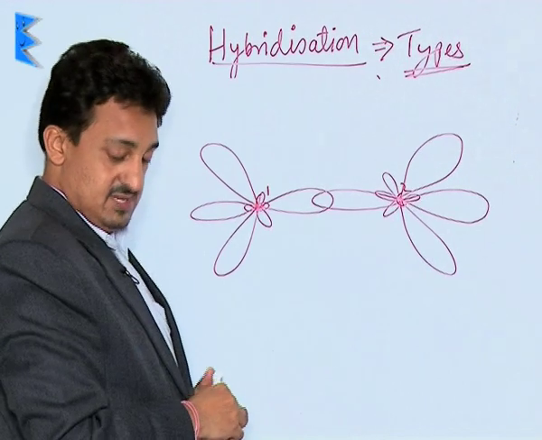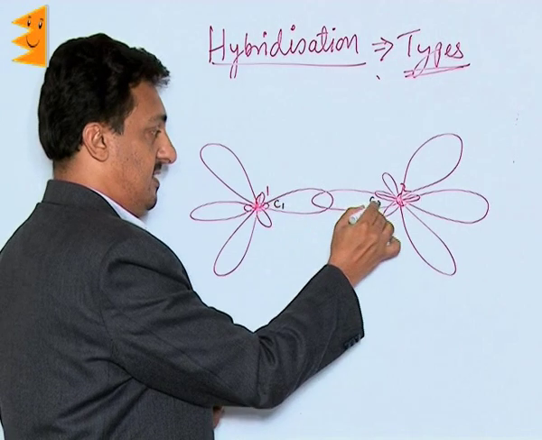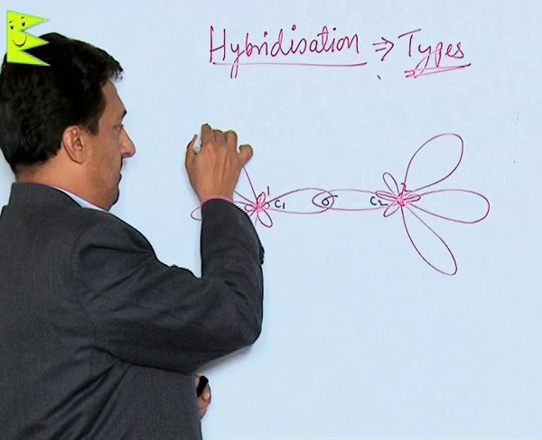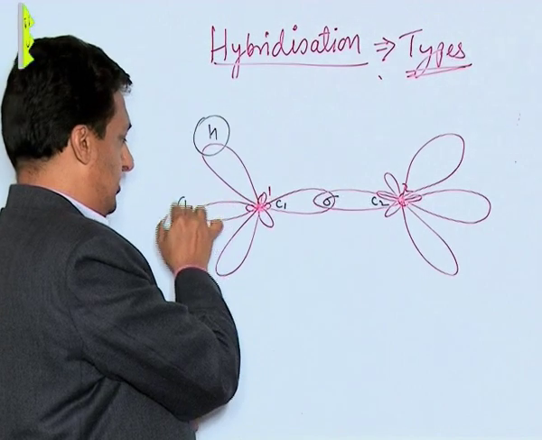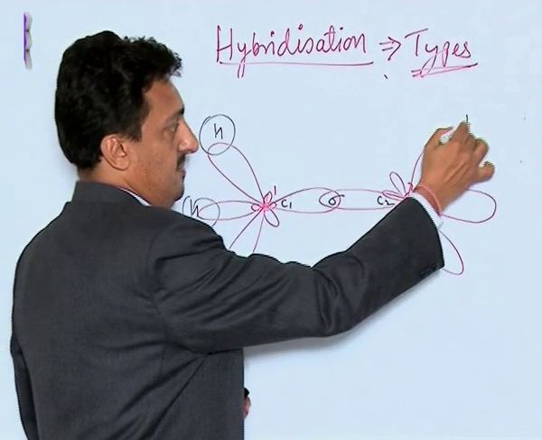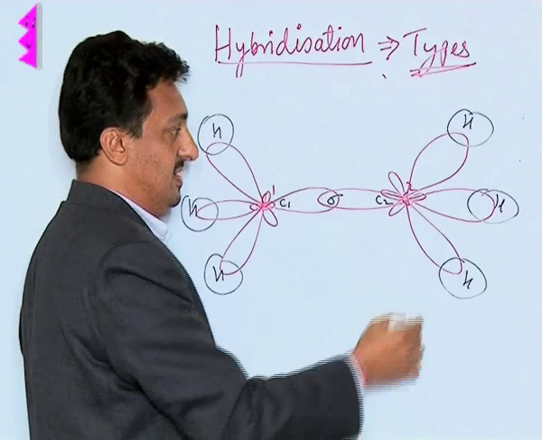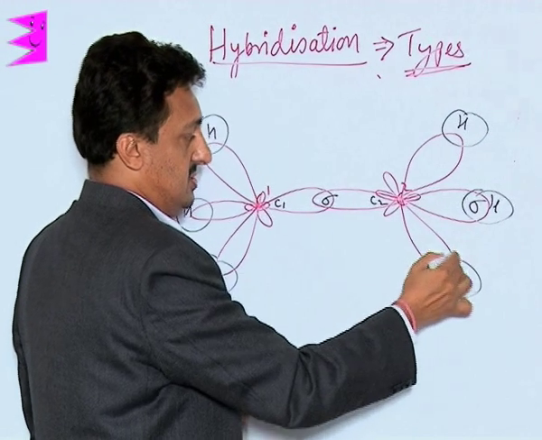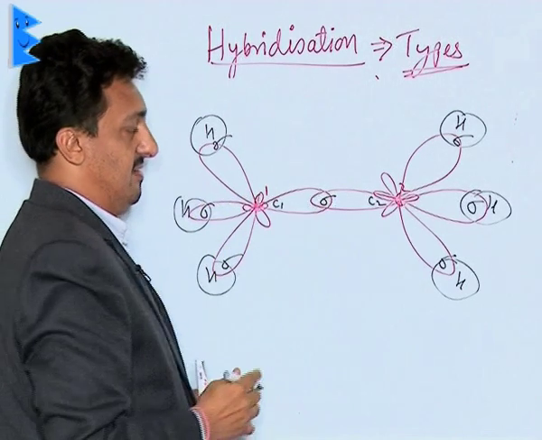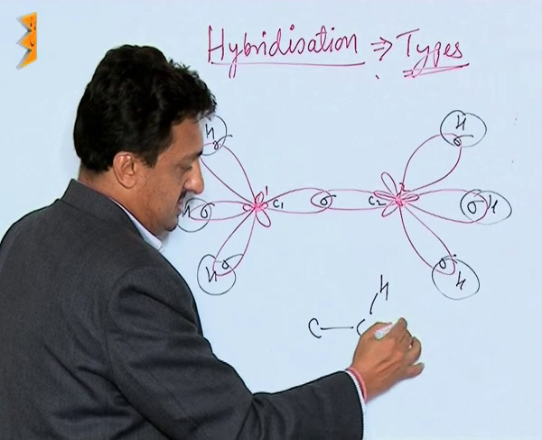Now how they overlap is, this C1 and this C2 together form a sigma bond from here. From here, this hydrogen, this hydrogen, this hydrogen, the 3 from here overlap the C1, and the 3 from here overlap with the hybrid orbitals of the C2 like this. So this is how this type of structure is formed, which can be easily represented like this.